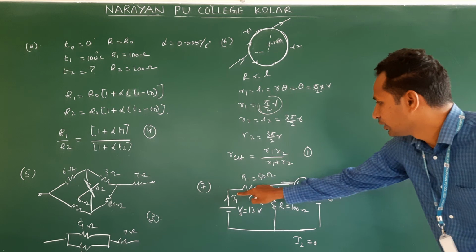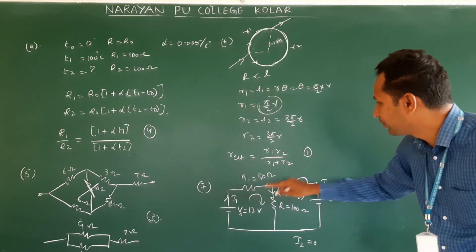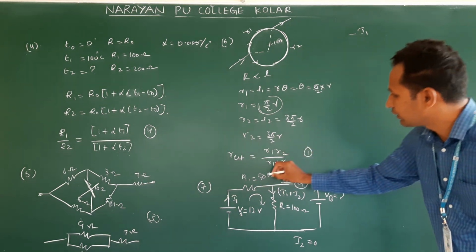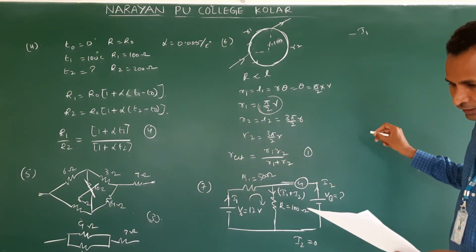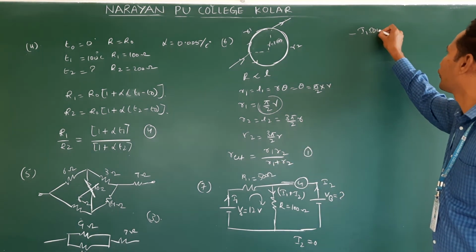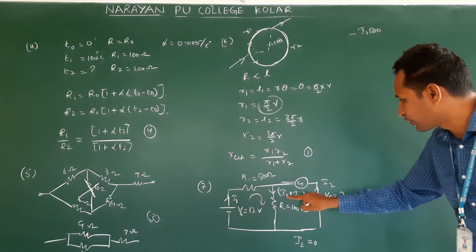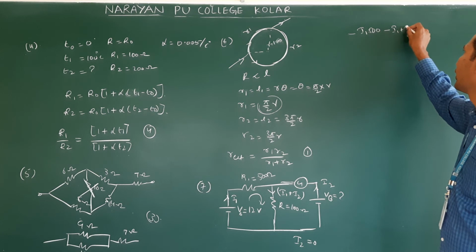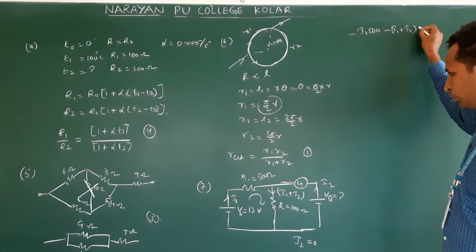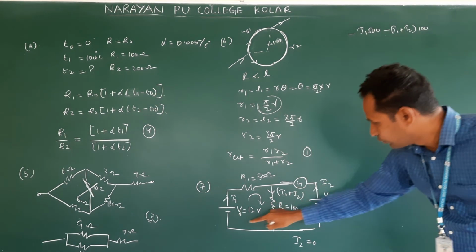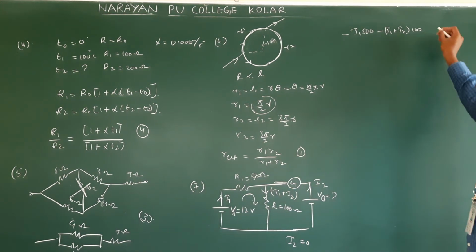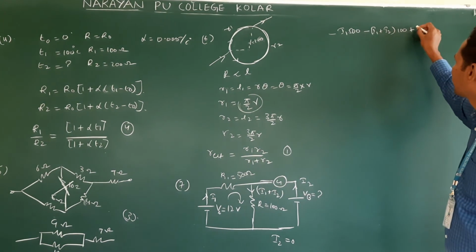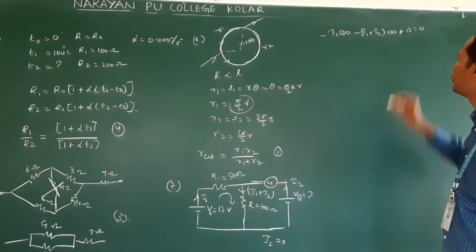First this one. Current I1 is coming, same direction. So minus I1. What is the resistance here? 500 ohm. So I1 500. Passing through this resistor, which current is going? I1 plus I2, same direction. So I1 plus I2 into 100, and leaving positive terminal, plus 12 is equal to 0.